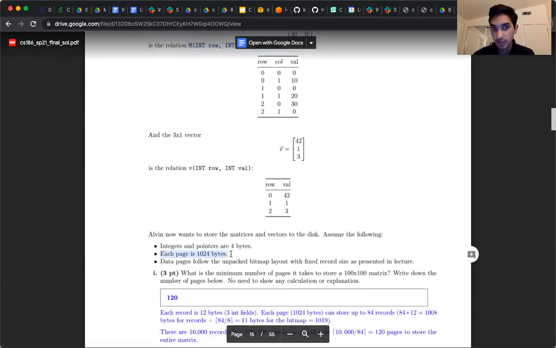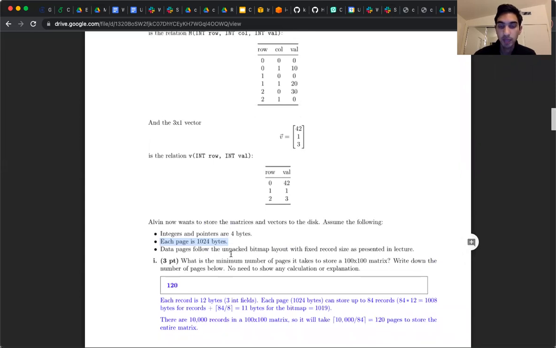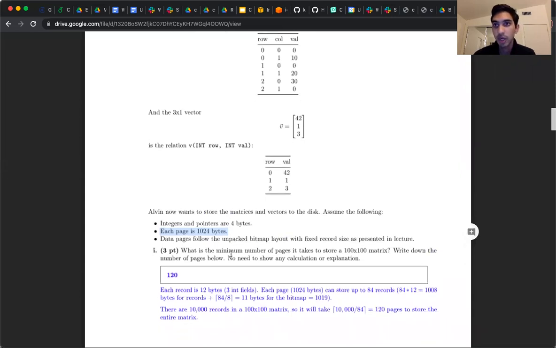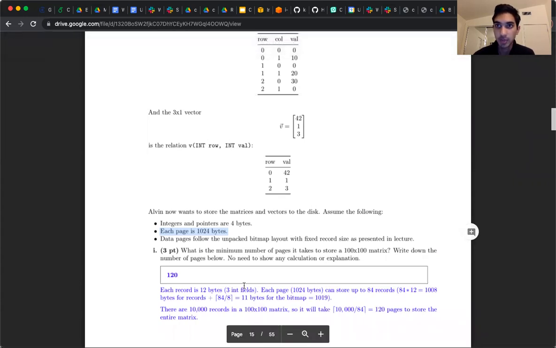We're given that each page is 1024 bytes. So we want to figure out how many records we can fit on a particular page first. Recall that for fitting records on a page, you don't just need to fit these 12 bytes onto the page. You also need to reserve 1 bit for your bitmap. I believe the solutions did a guess and check approach, but one way of doing it is to convert everything to bits.